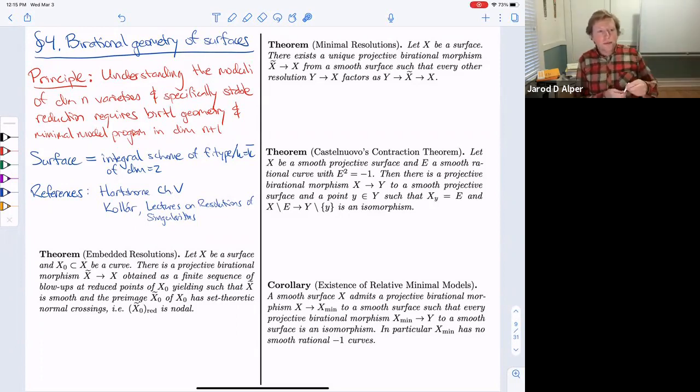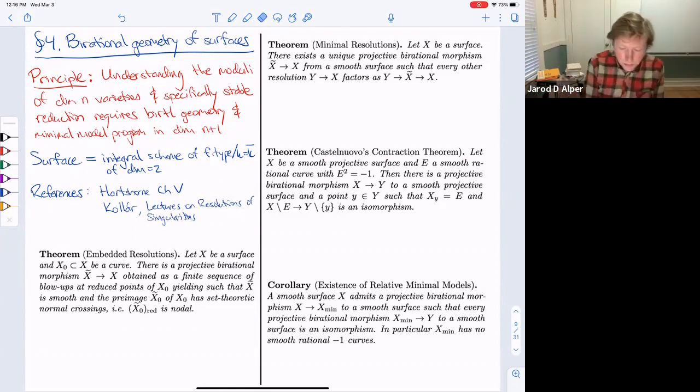And if you can understand the minimal model program in dimension n+1, that gives you some insight into stable reduction. Namely, you should apply the relative minimal model program in dimension n+1 over your curve, and that should produce the stable model. So for us, we're interested just in the case of curves, and so we need to know stuff about the minimal model program for surfaces.